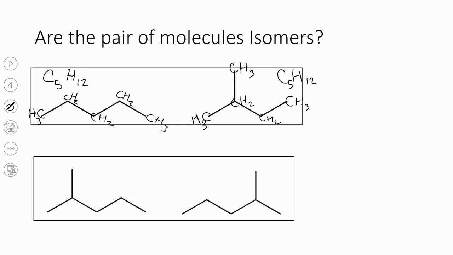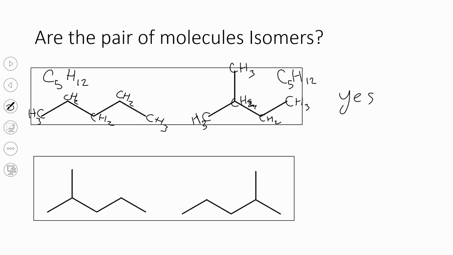We've got 1, 2, 3, 4, 5 carbons, and hydrogens 9, 10, 11, 12, 13. What did I do? Oh, this one should only have 1. Okay, so we've got 12. All right, are these different molecules? Do they have the same formula? Are these isomers? Yes, these are isomers.